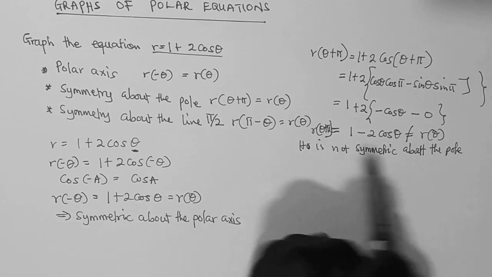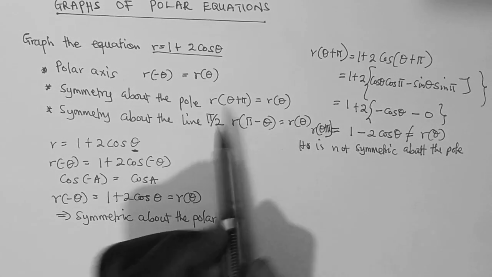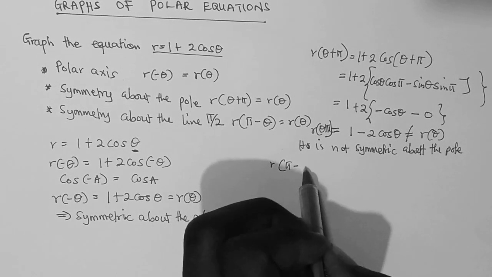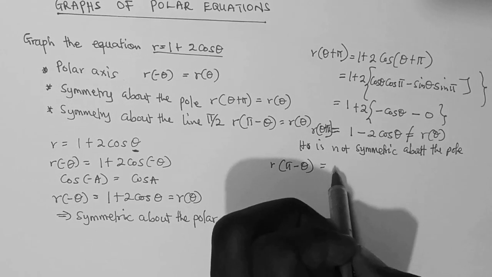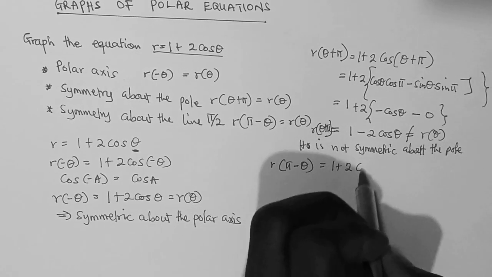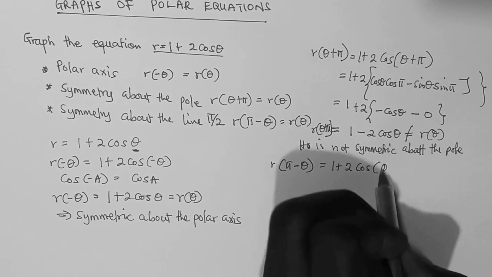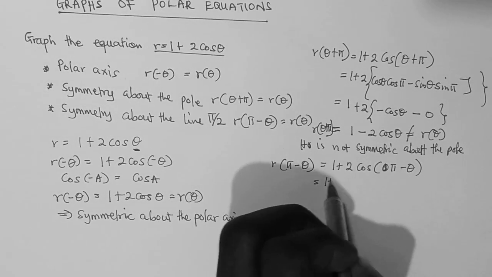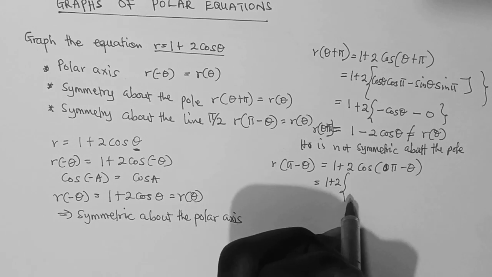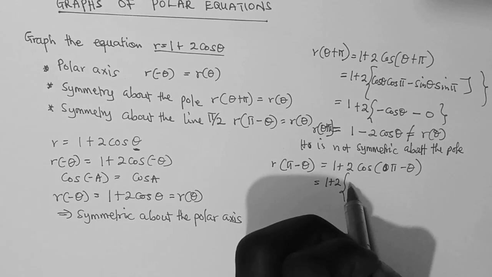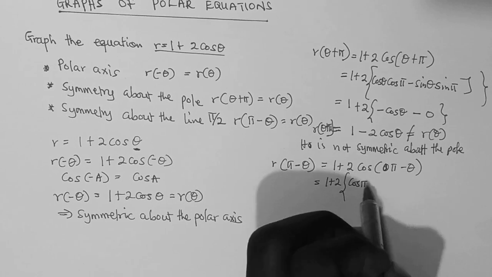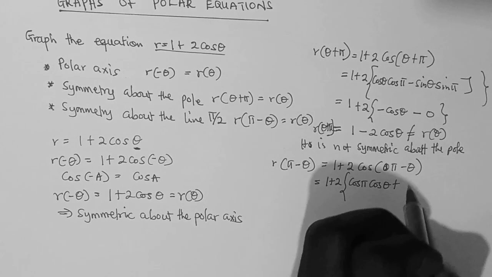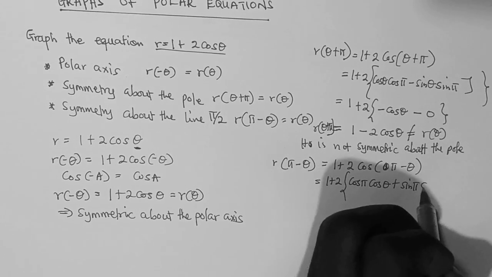Now let's come to symmetry about the line pi over 2. To look for it, we need to find r of pi minus theta. This is equal to 1 plus 2 cos of pi minus theta. This is the same as cos pi cos theta plus sin pi sin theta.